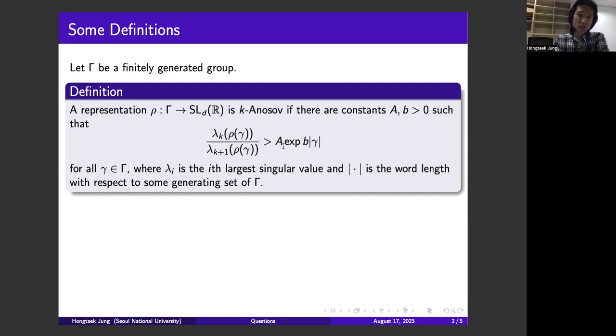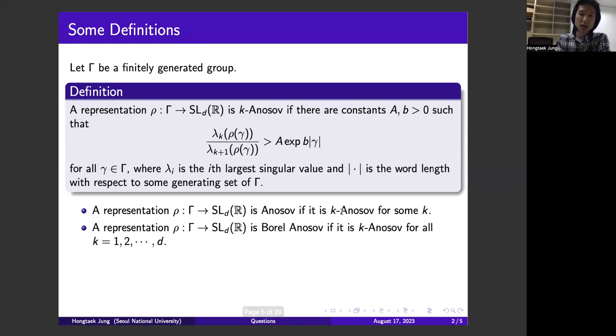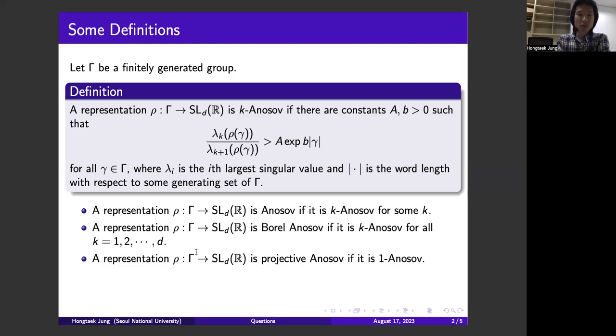And associated with this k-Anosov representation, I can define some other terminologies. For example, a representation is Anosov simply if it is k-Anosov for some k. A representation is Borel Anosov if it is k-Anosov for all possible k. And a representation is projective Anosov if it is 1-Anosov.